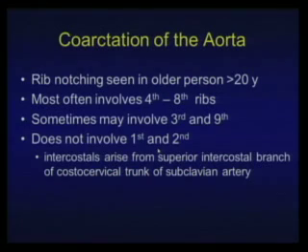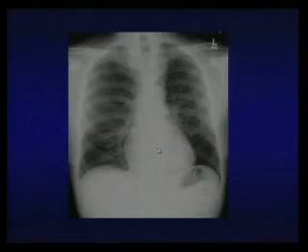This rib notching is seen in a person older than 20 years, and normally is involving the 4th to 8th ribs. Sometimes it can be seen in the 3rd or 9th, but never is seen in the 1st and 2nd ribs, because the intercostal arteries are originating from the subclavian artery and not from the aorta.